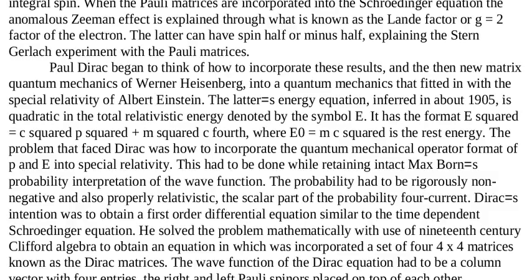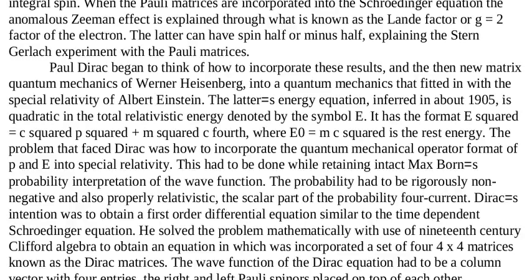The latter's energy equation, inferred in about 1905, is quadratic in the total relativistic energy, denoted by the symbol E. It has the format E squared equals c squared p squared plus m squared c to the fourth, where E0 equals mc squared is the rest energy. The problem that faced Dirac was how to incorporate the quantum mechanical operator format of p and E into special relativity. These are the Schrödinger operators.